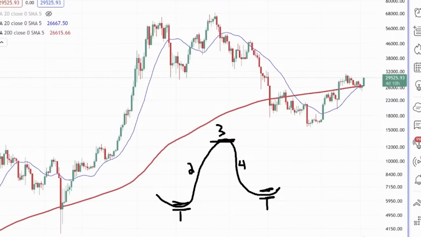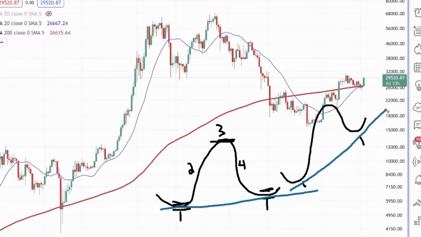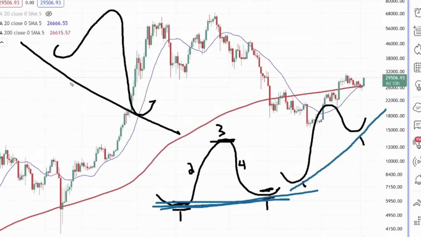Now, what I've also told you is that this is not always one-to-one, is not always flat like that. So you will often get this like this. So 1-to-1 is slanted. You guys remember these things? 1-to-1 is slanted. This 1-to-1 is flat. In the downward trend, you get 1-to-1 slanted this way. 1, 2, 3, 4, 1.